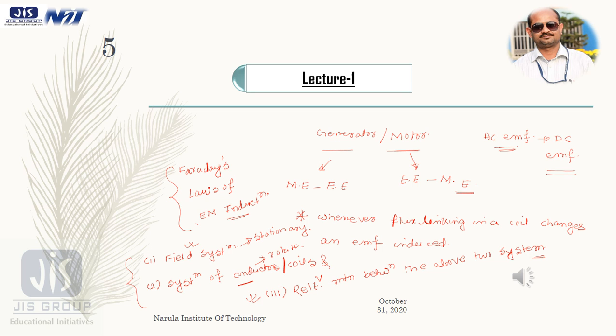And this conversion from AC to DC is achieved by some mechanical rectifier, which is known as commutator.